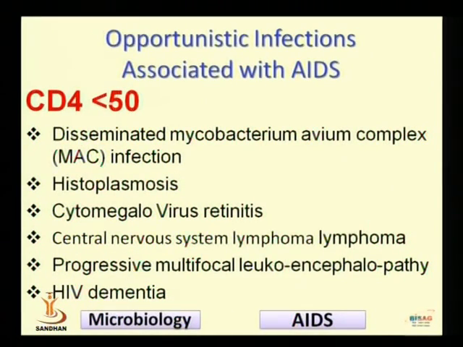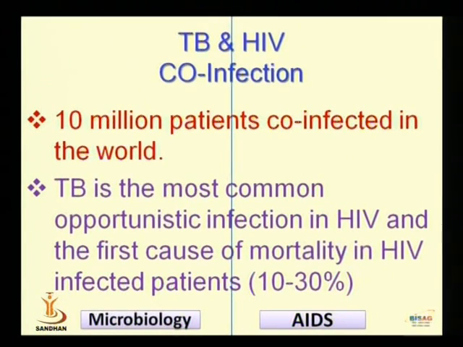And worst is when the CD4 cell count is below 50. Various diseases, for example, disseminated Mycobacterium avium complex infections, histoplasmosis, cytomegalovirus infections, central nervous system lymphoma, progressive multifocal leukoencephalopathy and HIV dementia are associated with the AIDS patient. TB and HIV co-infections are very common.